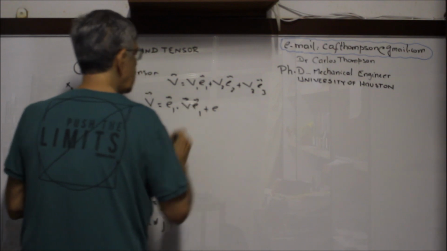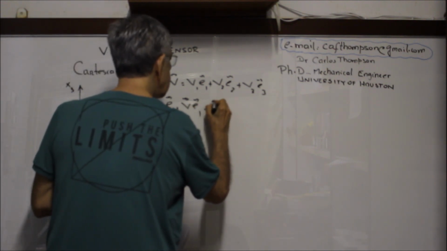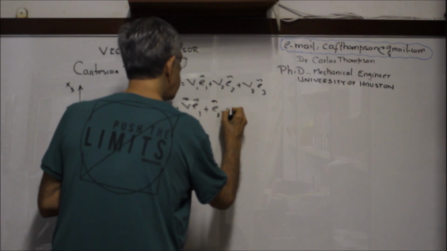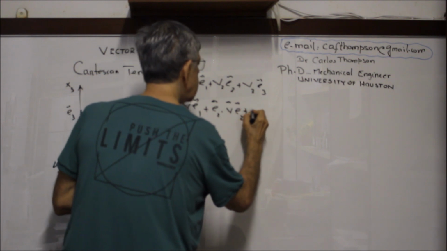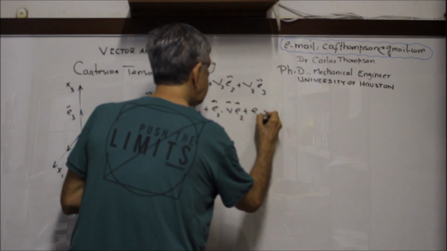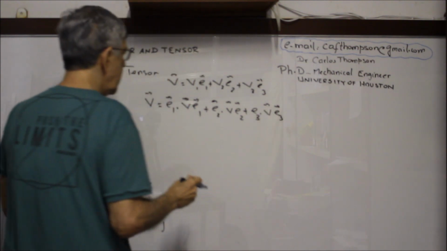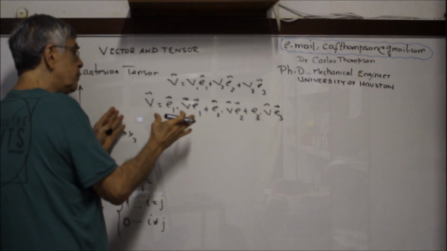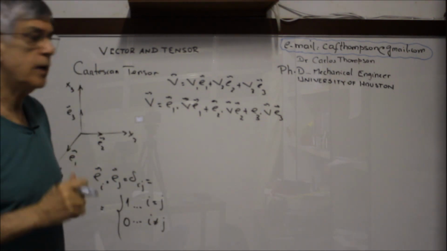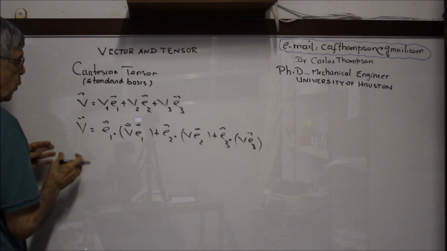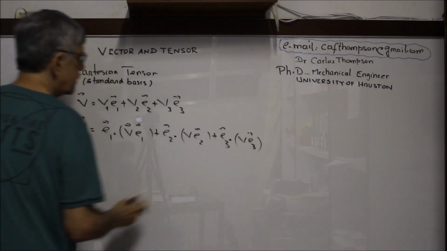Now, E2 dot V E2 plus E3 dot V E3. It seems that this is a little bit confusing, but it's not. Now you see that we can represent V like this.